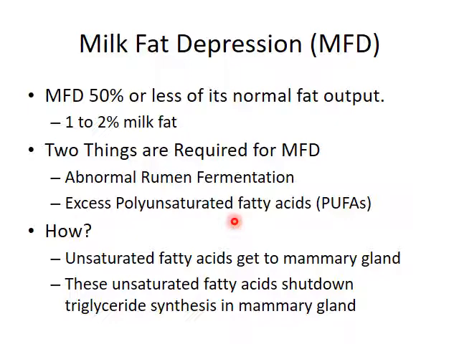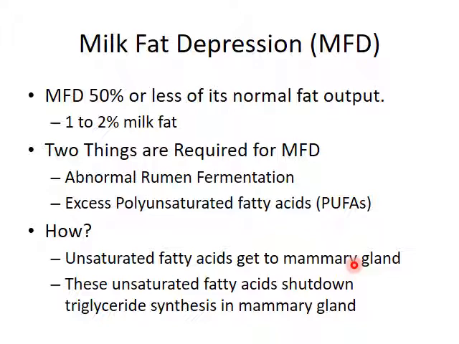So how does milk fat depression occur? We have an excess of unsaturated fatty acids getting to the mammary gland. And there's one specific, cis 10 trans 12, I believe it is. Might be a trans 10 cis 12. I can't remember which off the top of my head. That gets to the mammary gland.